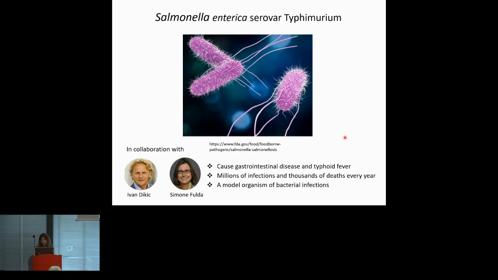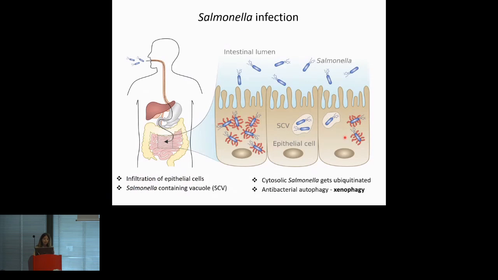So we had the big advantage to have experimentalists we can ask and meet. So coming to the Salmonella infection: you eat or drink something that contains Salmonella, and Salmonella infiltrates the epithelial cells.